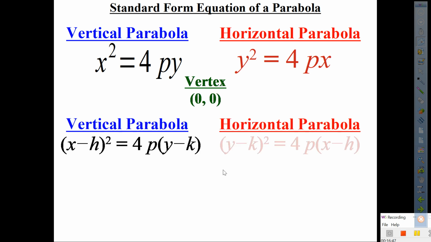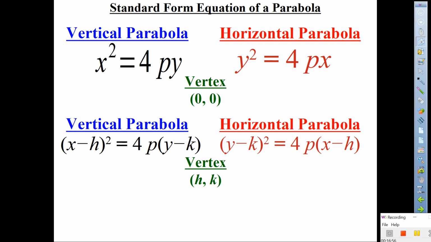So copy these two new equations and our new vertex. I'll give you some time for that. Copy and go. All right, what do you notice different from the original to these? That now we include h and k. But notice where each parameter goes.